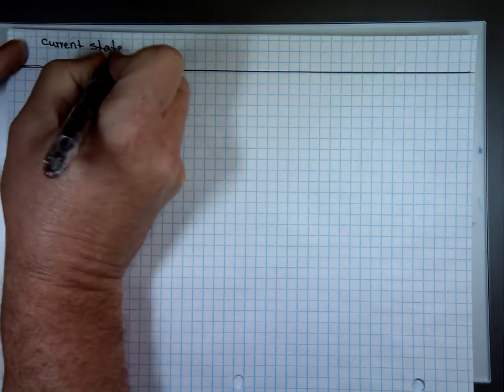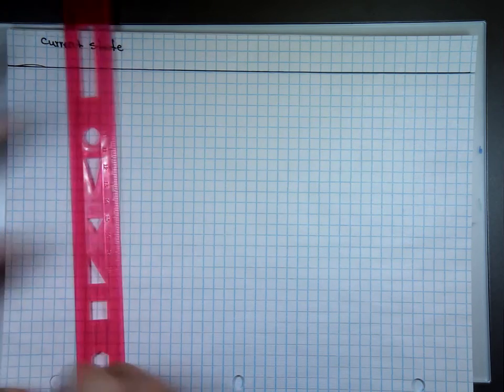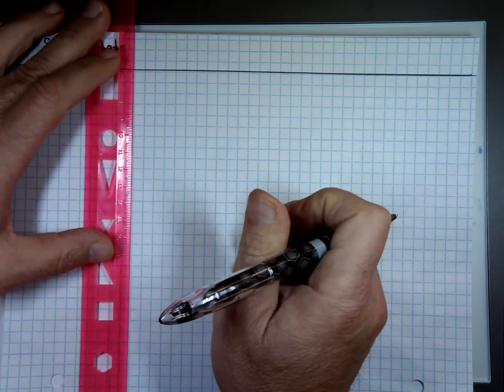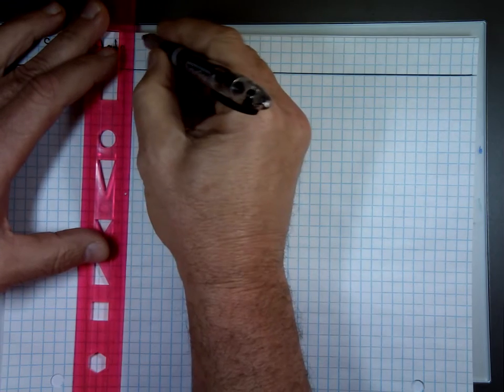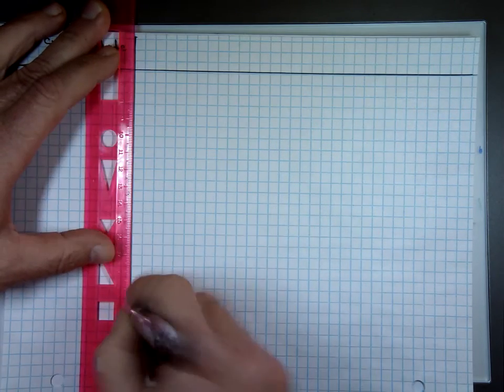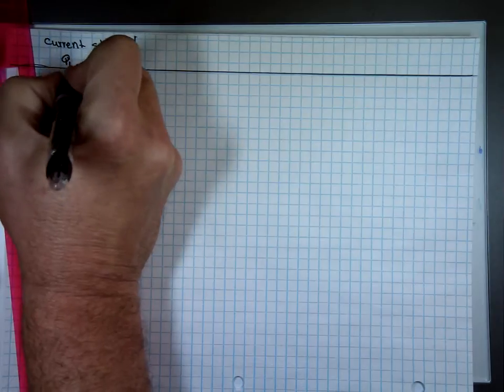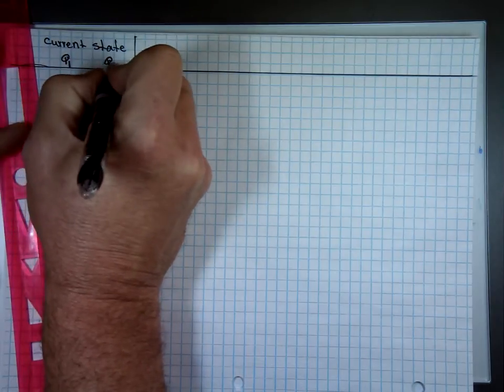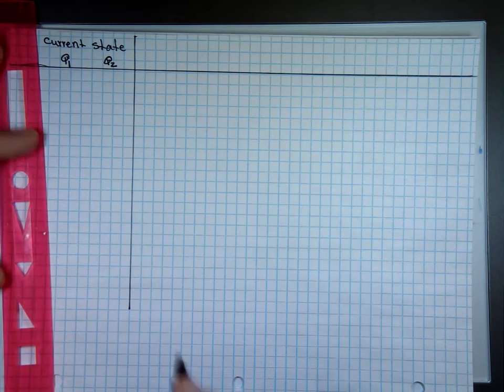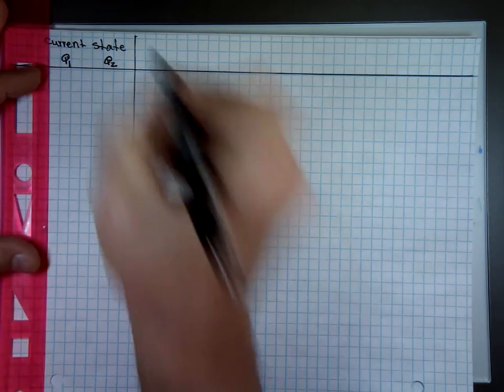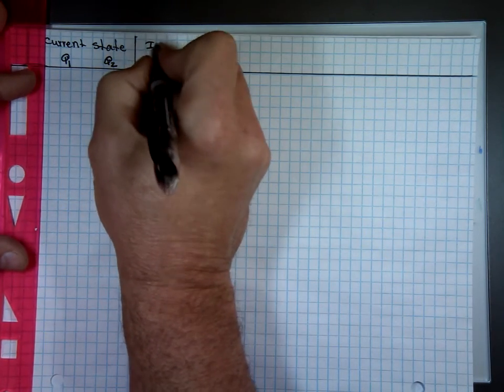I have two of them, Q1 and Q2. So this is Q1, this is Q2. These are the current states. And we also have the external input, which is X.